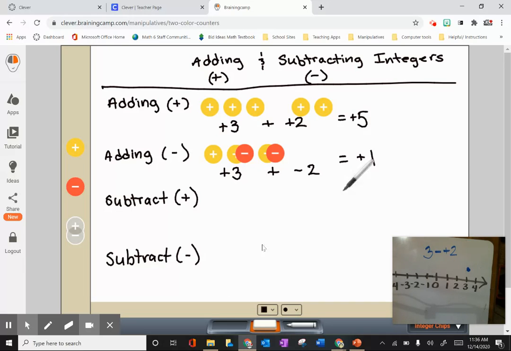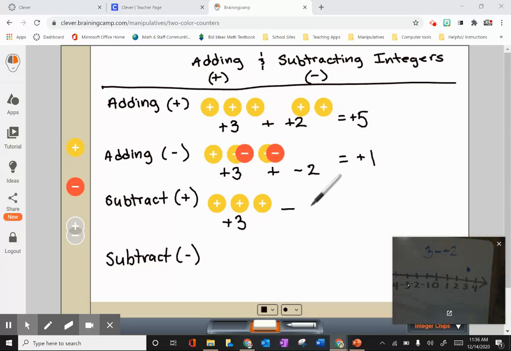So with the counters, starting with 3, I want to subtract or take away positive 2.